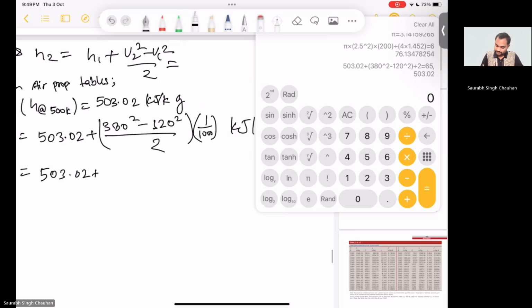Because this is an SI unit and we are writing in kilojoule per kg, right?